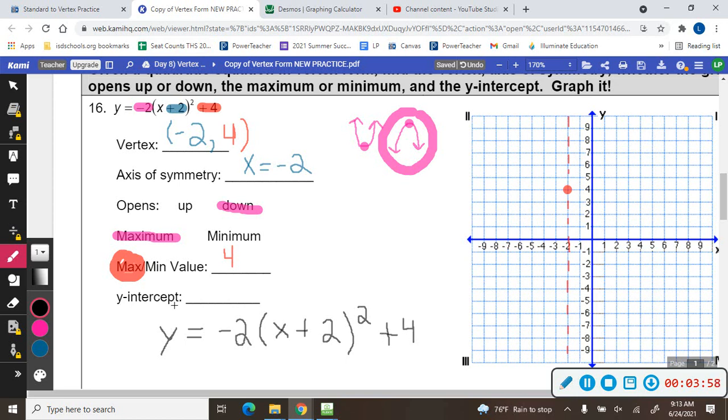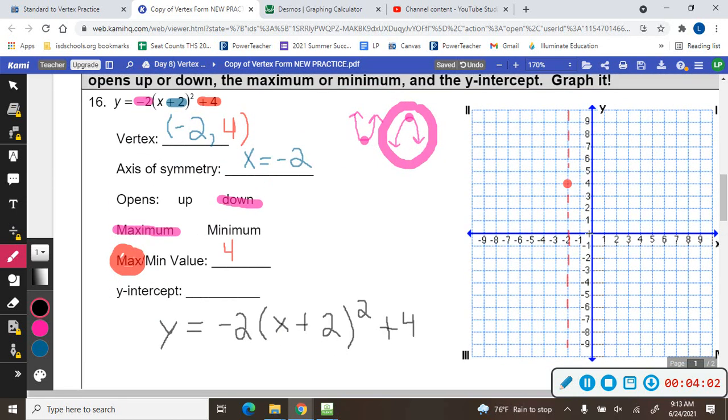And the first thing I'm curious about is, what about when x is 0? That would be the y-intercept. So instead of putting an x here, I'm going to see, what about when x is 0? What do I get back?